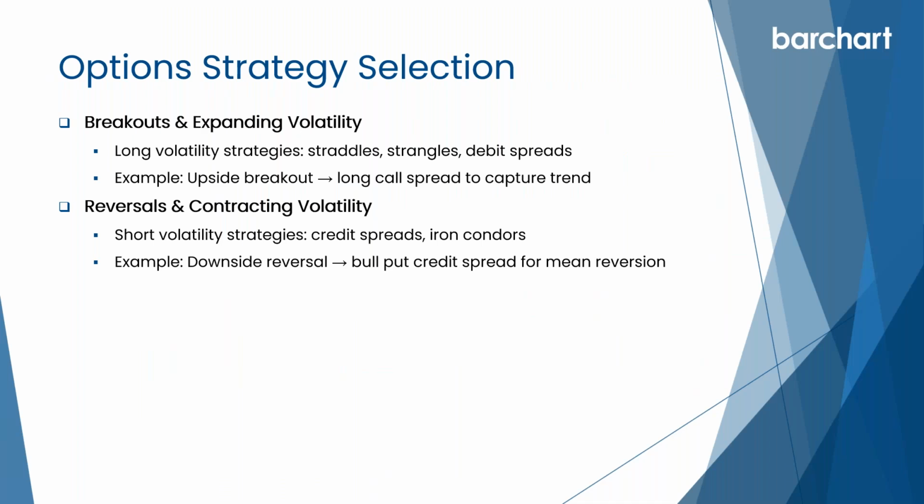But in this case, this is a credit vertical spread. So a downside reversal where price has fallen outside of a Bollinger Band and now it's come back inside. That would be a candidate for mean reversion. So a great option strategy would be the bull put credit spread for that mean reversion.